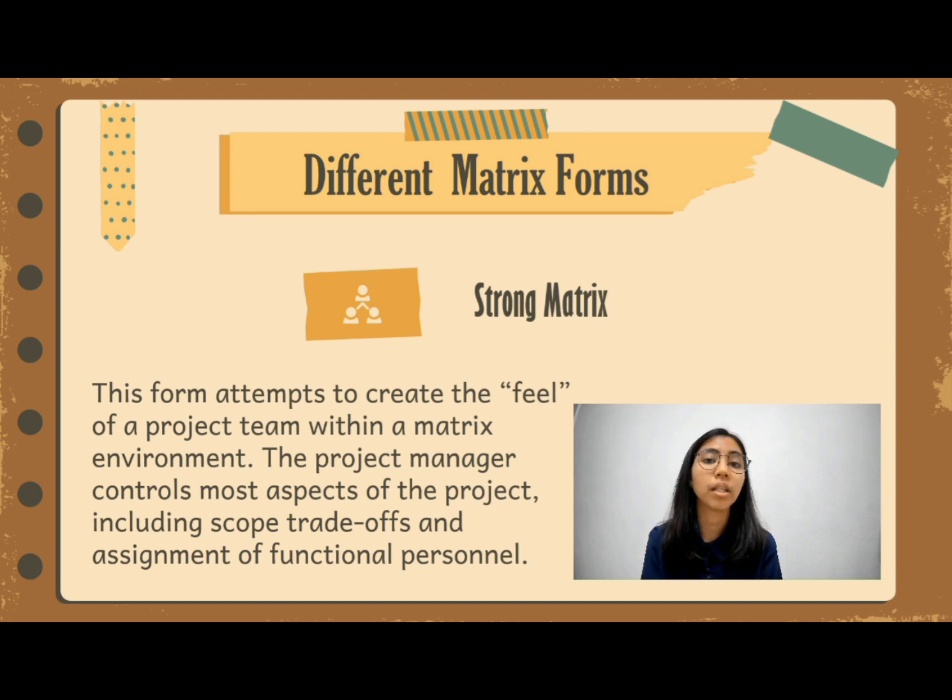The functional manager, on the other side, has title over her people and is consulted on a need basis. In some situations, a functional manager's department may serve as a subcontractor of the project, in which case they have more control over specialized work.